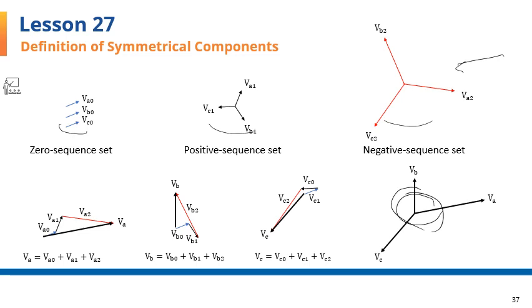The application of this theory to circuit analysis will have to wait until we get to the lessons on the topic of system protection. But let me now look at the inverse process of finding the sequence sets from a set of 3 phasors.